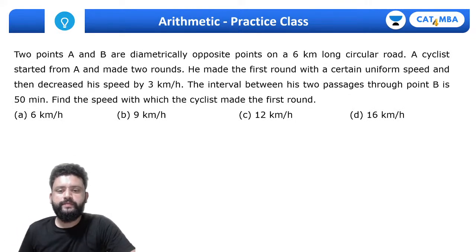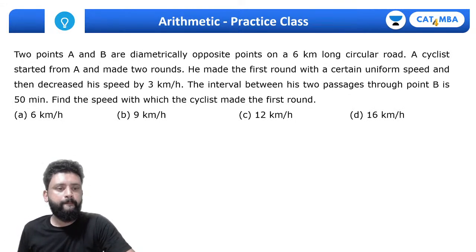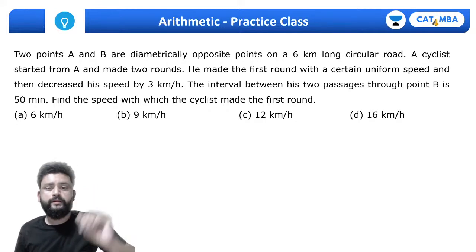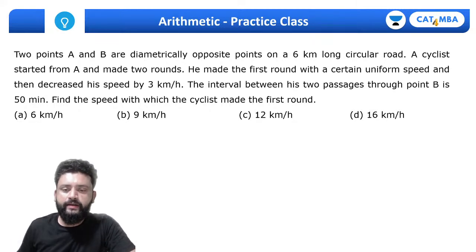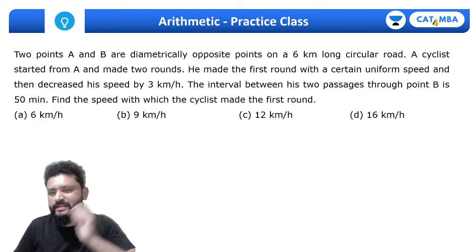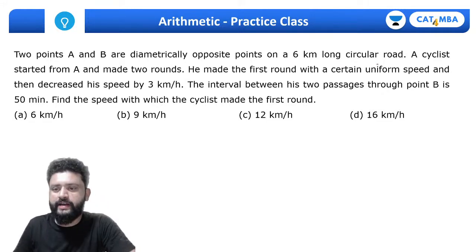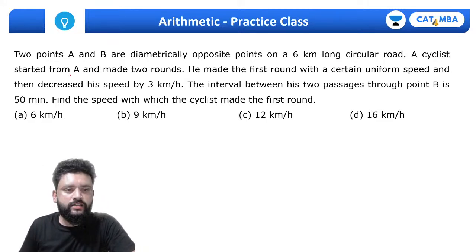Let's try this. Two points A and B are diametrically opposite points on a 6 kilometer long circular road. A cyclist starts from A and makes 2 rounds.